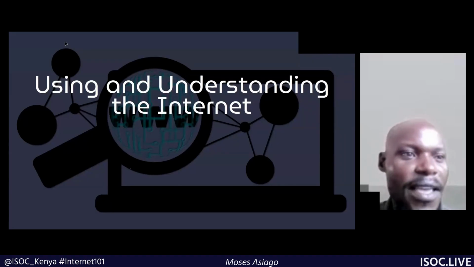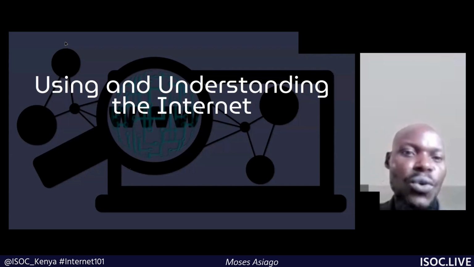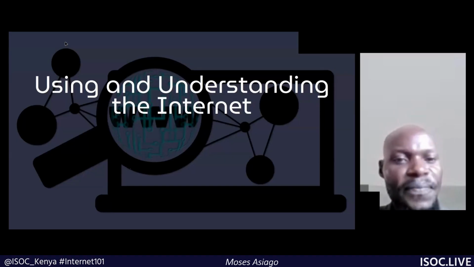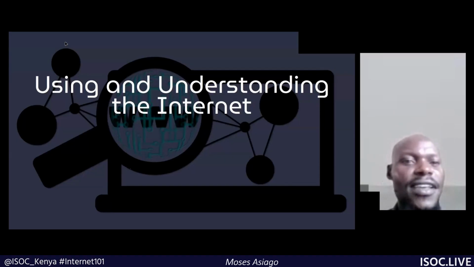Then once the server has been located, the information that you are looking for will be given back to your browser. So in this case, the browser just starts, and then the backend part is all that Geoffrey has mentioned, the ISP, the MAC address and all that.